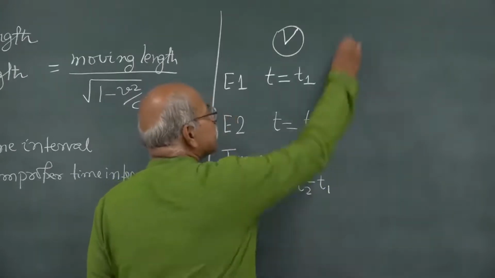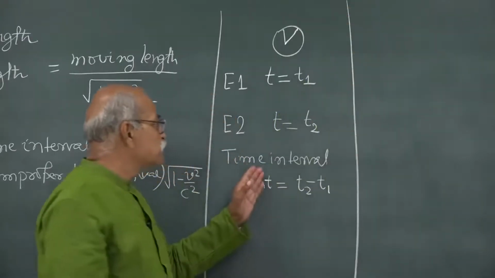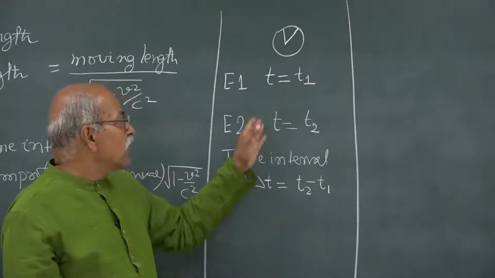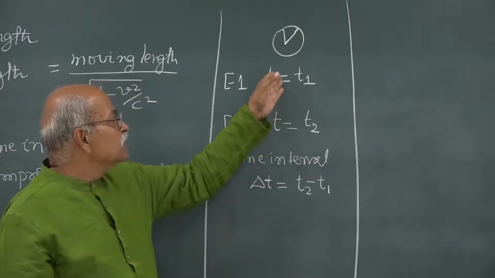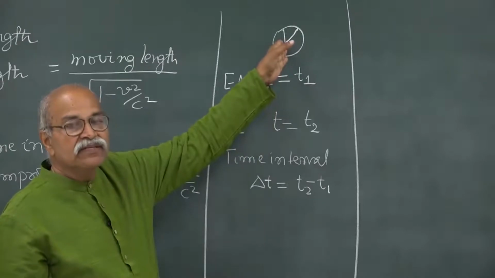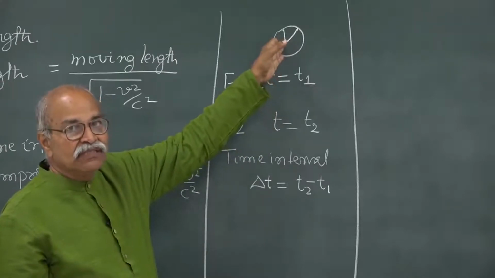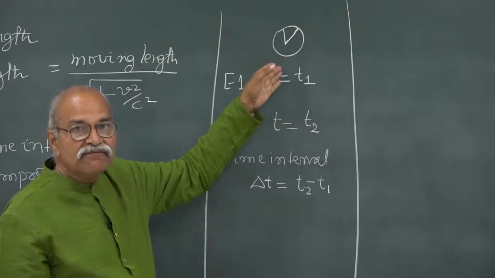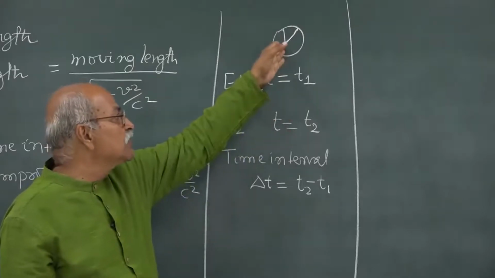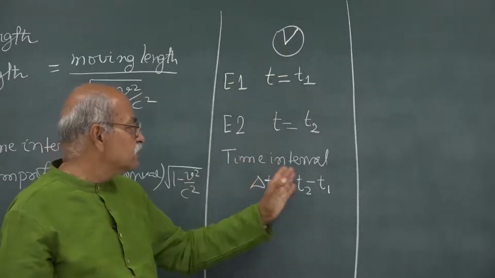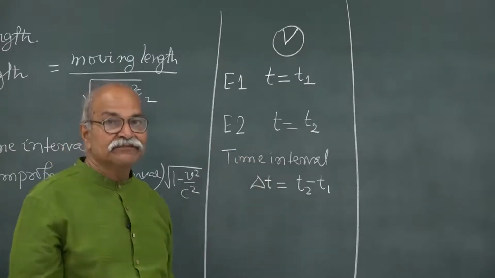That is the time interval, and this is the proper time interval. I am looking from a frame in which this clock is fixed, and therefore, the two events have taken place at the same position, and hence this time interval is the proper time interval.